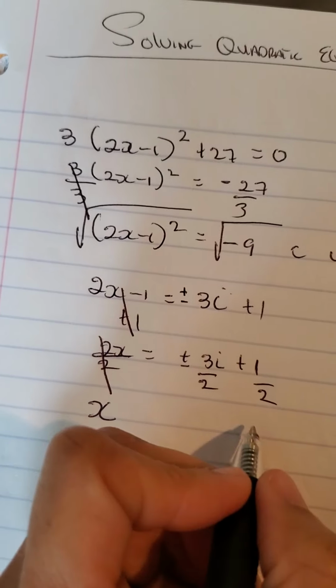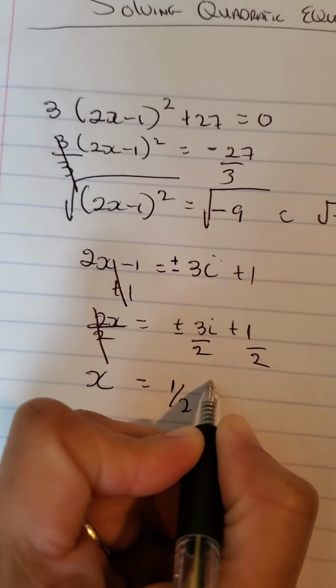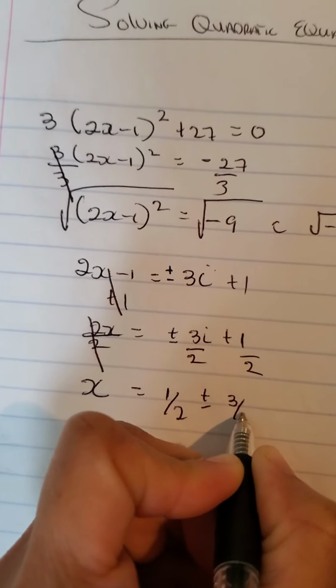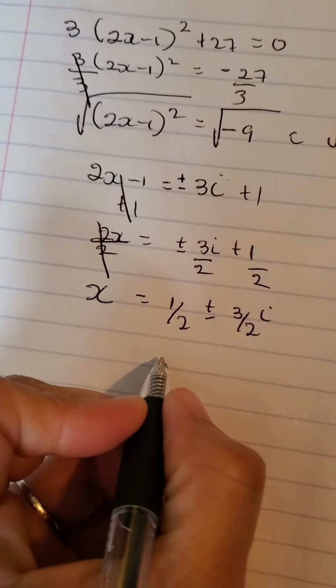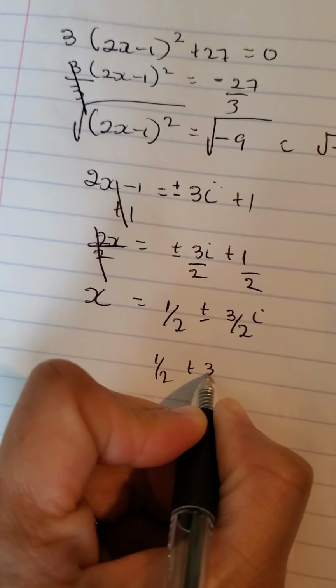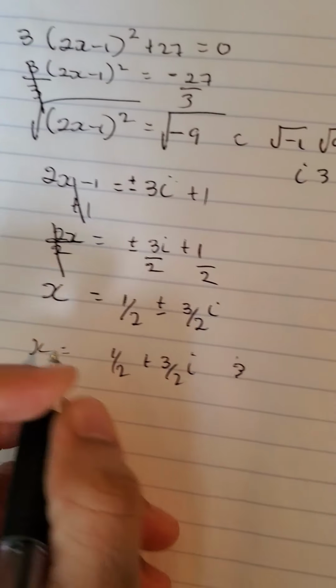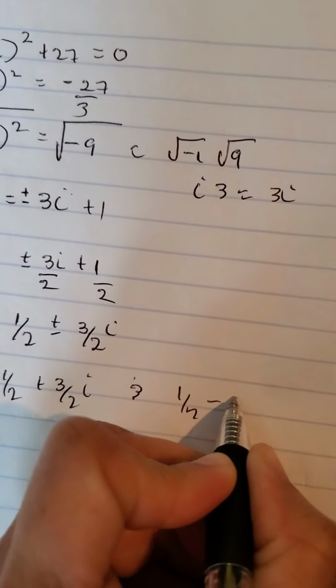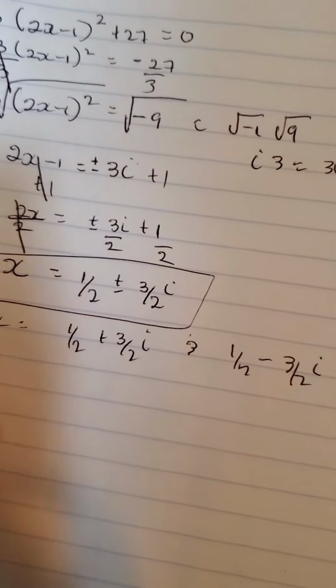So x, remember we have to put our constant first, is equal to a half plus and minus 3 halves i. And you can set that up as two separate solutions if you choose. It's a half plus 3 halves i, and then x has two solutions, the other being a half minus 3 halves i. Alrighty, this is better. I prefer this.